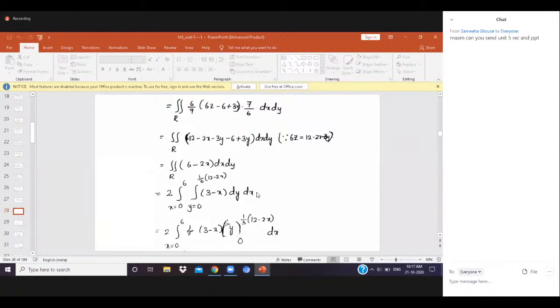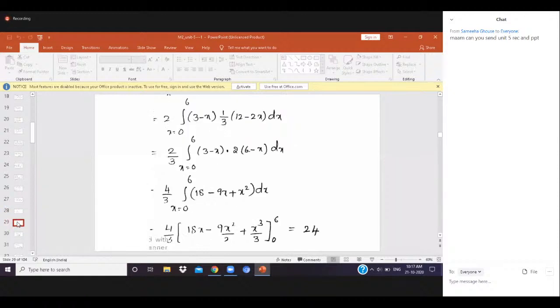You have this concept in multiple integrals. The y limits are depending on x limits, so we need to evaluate y first, then x. With respect to y integration, because 3 minus x is constant, integration becomes y. So y, applying limits from 0 to that particular limit.